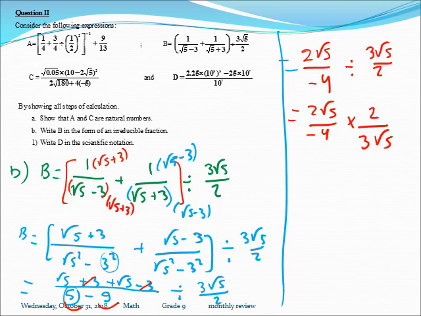We can simplify by 2 and by radical 5, so it equals 2 over minus 2 times 1 over 3, which equals minus 1 over 3, irreducible.